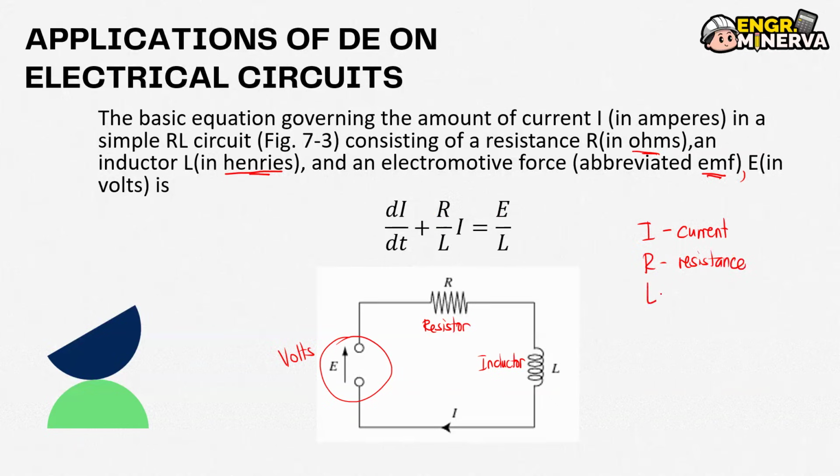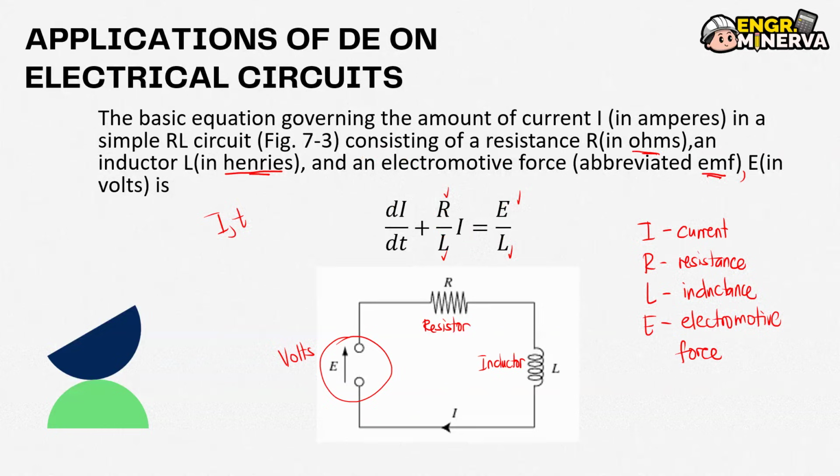Your L represents your inductance, and your E represents your electromotive force. Take note that our variables are only I and t. So the rest, your R, your L, and your E, are all constants. Later on, it will be a linear differential equation.